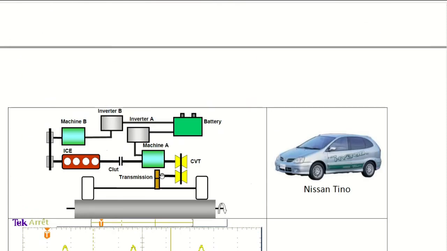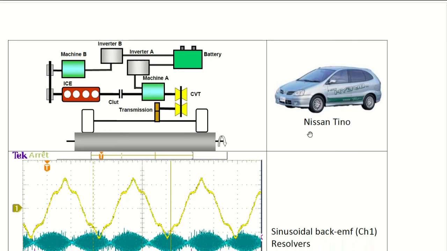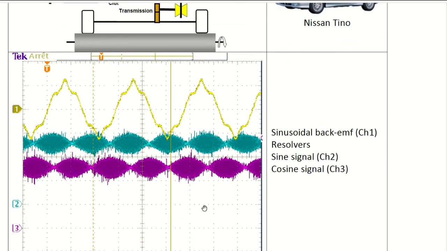By the way, this is a test car that Nissan developed in the early 2000s, with two electrical machines and an ICE with clutch and CVT, but now it's no more sold.